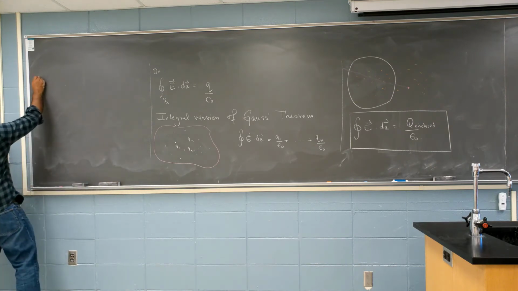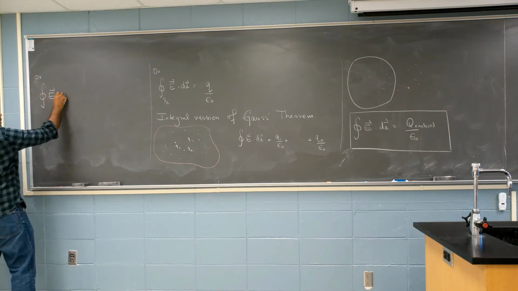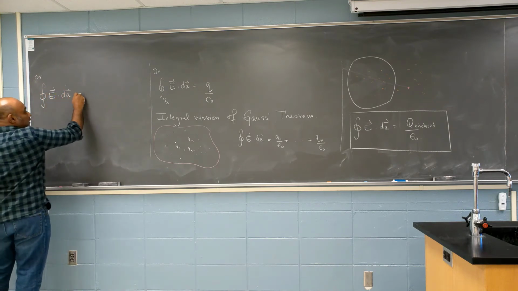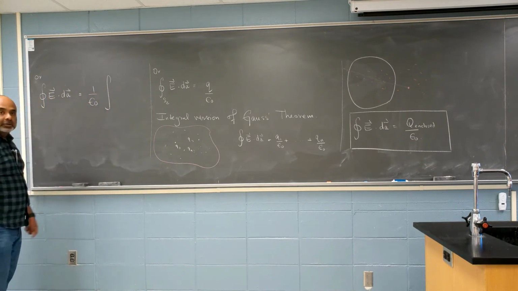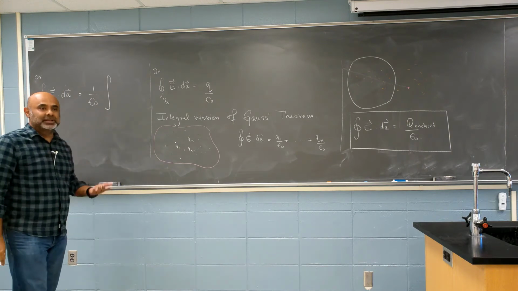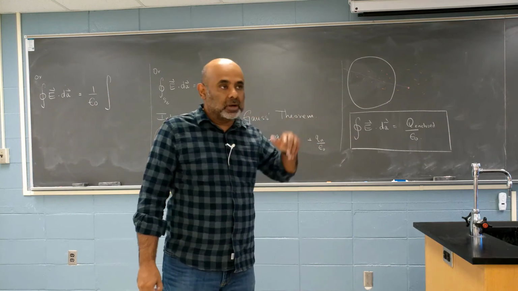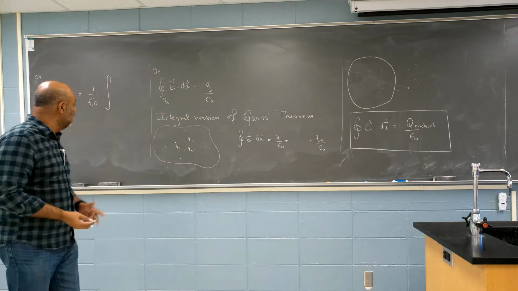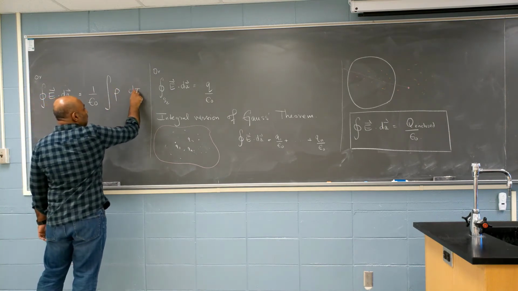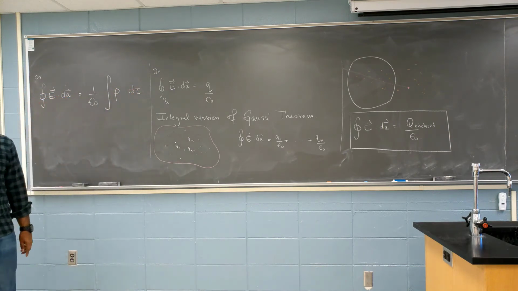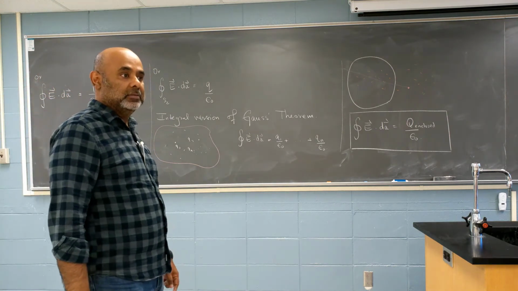So I can write it as E dot dA equals 1 over epsilon naught times the total charge enclosed. I may have to use delta functions if there are point charges, or if there's surface currents or whatnot. But we know how to use them. But I can write total charge as rho d tau.